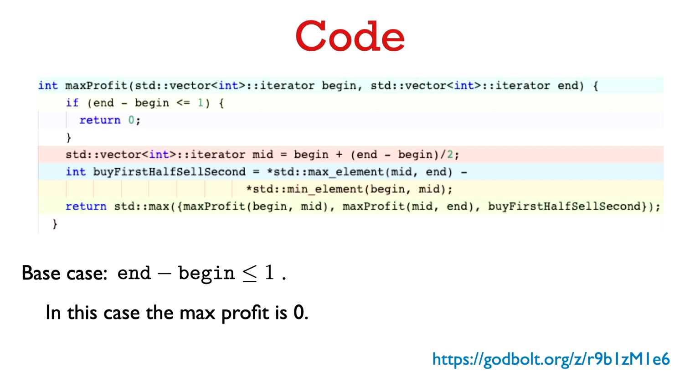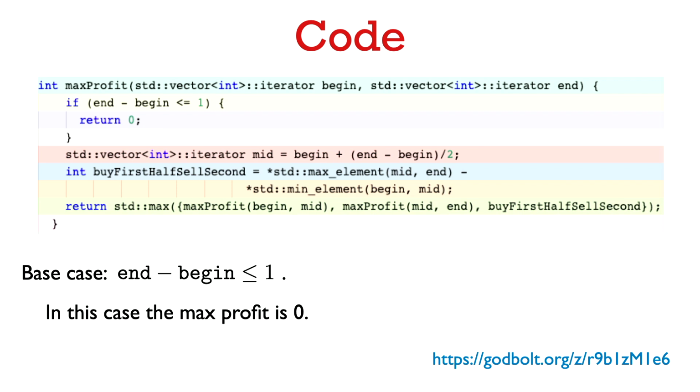So that's the first couple lines of the code there. If the distance between begin and end is at most 1, then we can just return 0, right? If there's only 1 price or 0 prices, then we can't buy and sell. So the answer is just 0. So that's the base case.